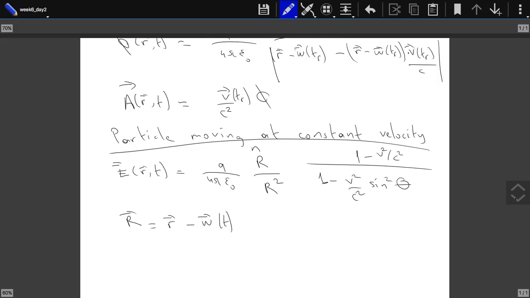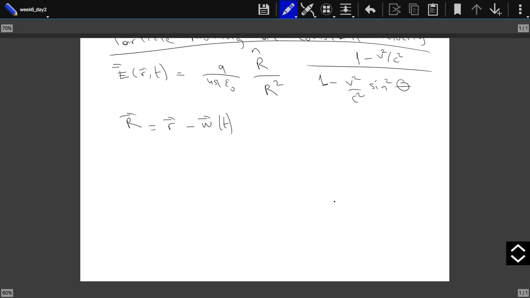And if you would draw the electric field lines, so this is my charge at the time t. It is maximum when theta is pi over 2 or minus pi over 2. So it's maximum in this direction, it's moving in this direction. This is the velocity of my particle.